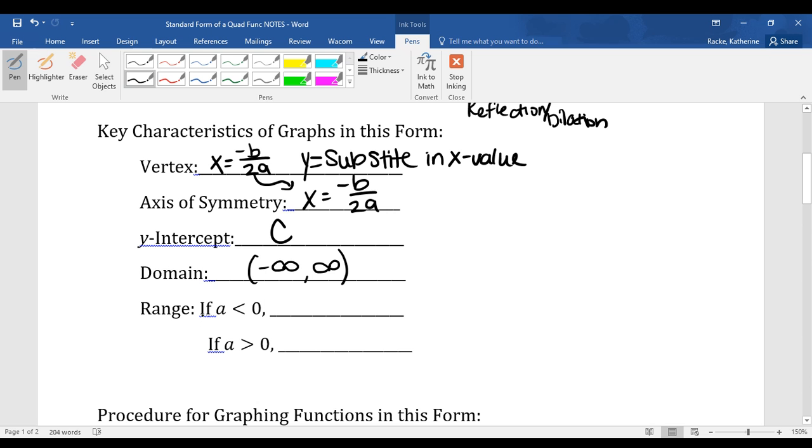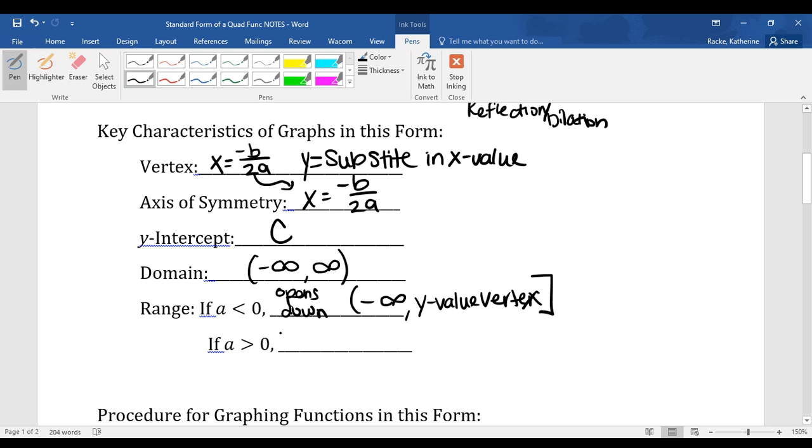Okay, so for range here, if a is less than 0, it opens down. That means it's from negative infinity to the y value of the vertex, with the bracket.